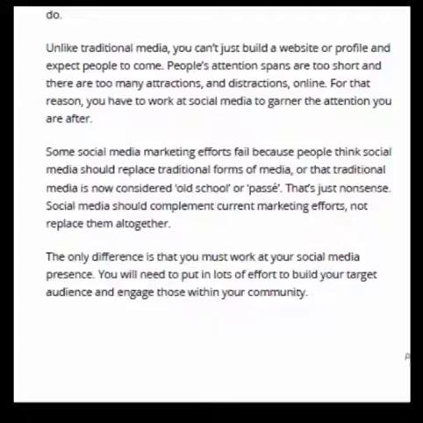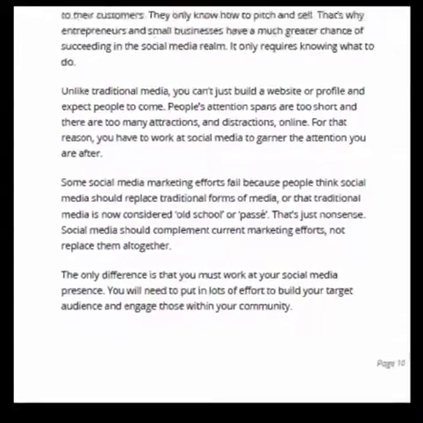Some social media marketing efforts fail because people think social media should replace traditional forms of media, or that traditional media is now considered old school. That's just nonsense. Social media should complement current marketing efforts, not replace them altogether. The only difference is that you must work at your social media presence. You will need to put in lots of effort to build your targeted audience and engage those within your community.